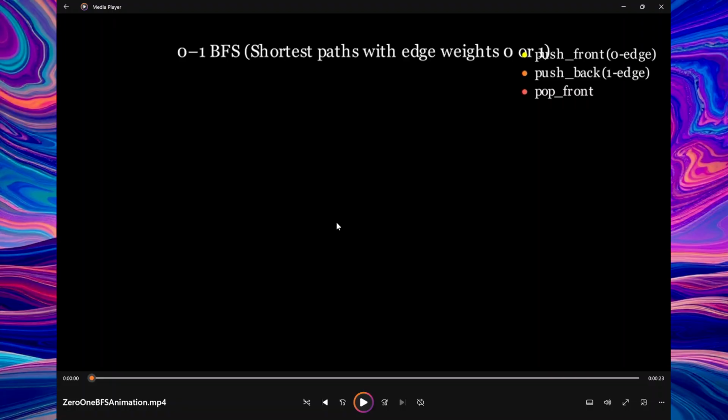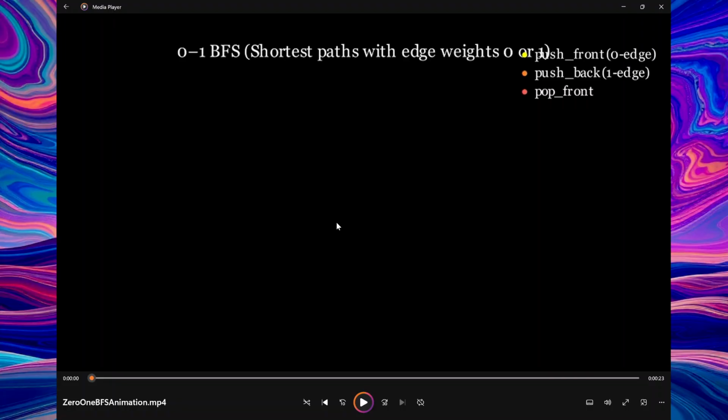And what you can do is, instead of running Dijkstra's, you can run this 0-1 BFS algorithm where, remember, Dijkstra said we need to always prioritize the shortest paths first, which meant we have to maintain a priority queue because we don't know the maximum range of the weights of the edges.